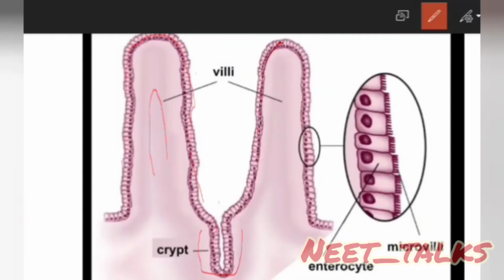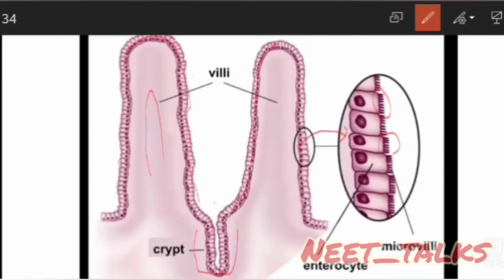These epithelial cells are known as the enterocytes, and when we look at this at the microscopic level, we will find the comb-like appearance, the brush-like appearance, that is the brush border. That is the brush border. Those are known as the microvilli. These microvilli are present for better absorption.